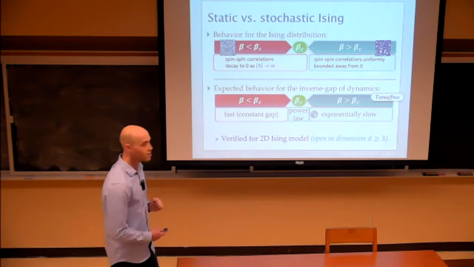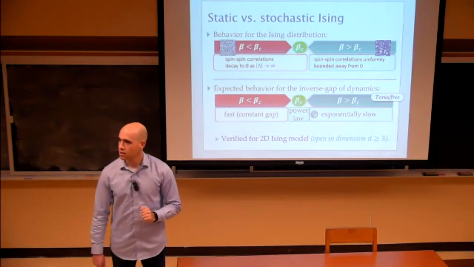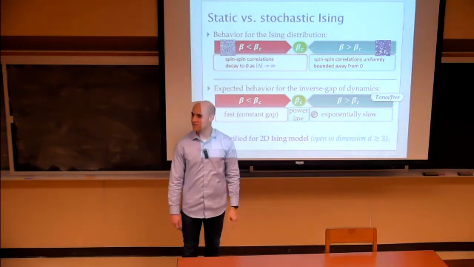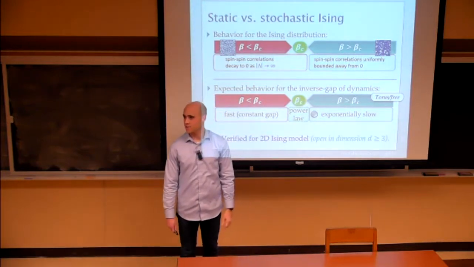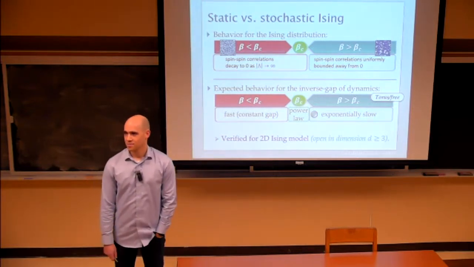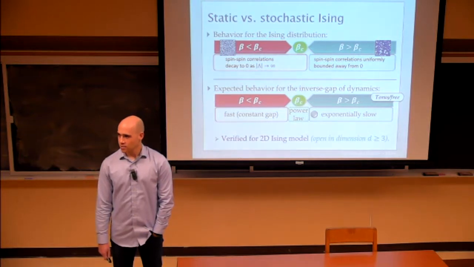Is there a conjecture for what the exponent is at criticality? Yes. It should be 2.17. It's not a nice number. There are lots and lots of simulations. It's not expected to be rational necessarily. The best lower bound is 1.75.